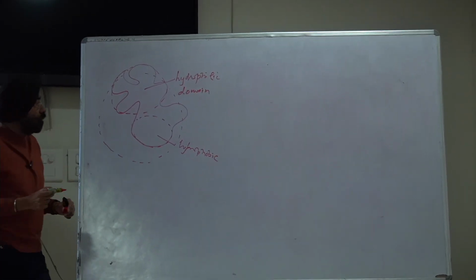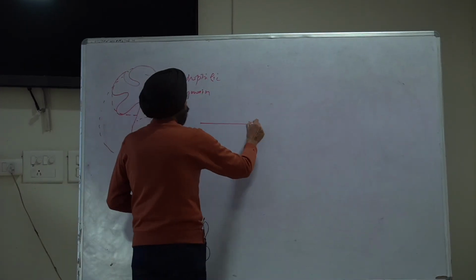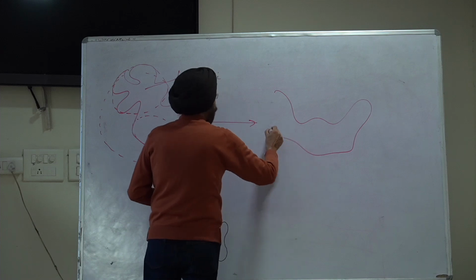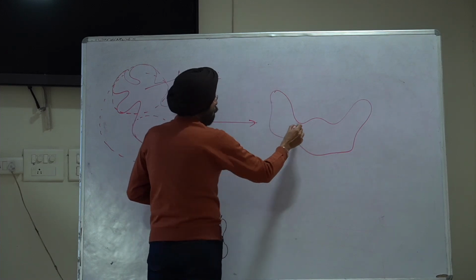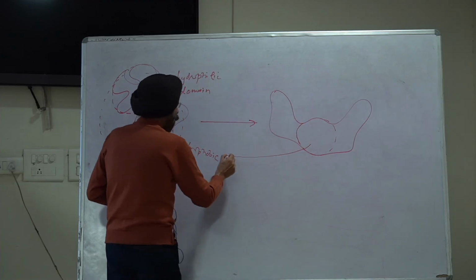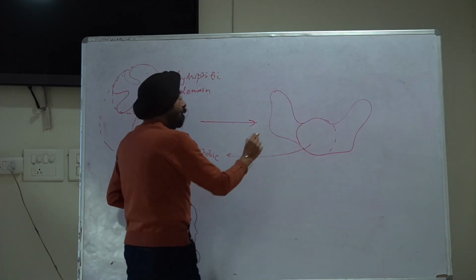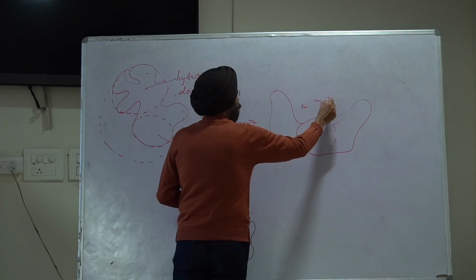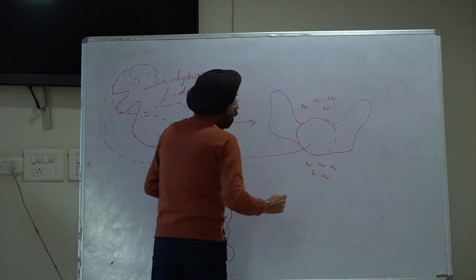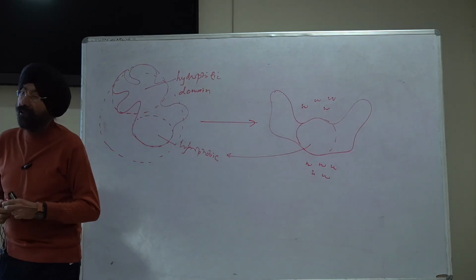So when the protein unfolds, it is like this, and sometimes you will see that the hydrophobic domain comes in the vicinity of the aqueous phase. So this is known as protein folding.